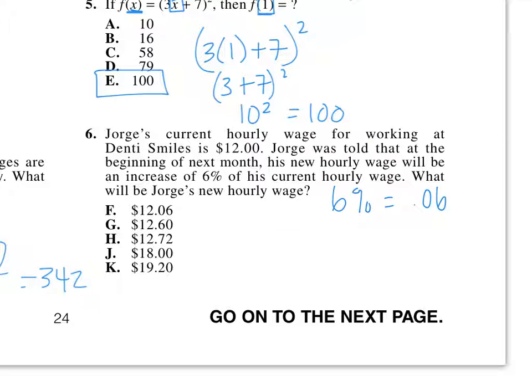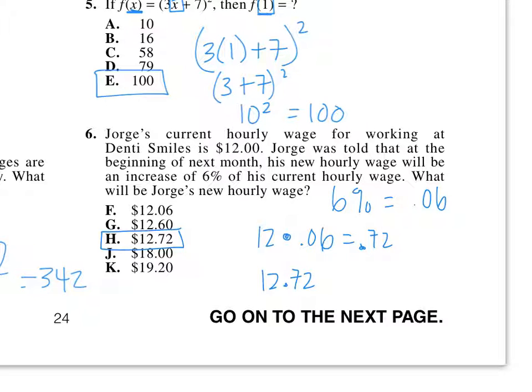That's how much more of his salary he's making. So I'm going to do his current salary times the percent of his raise. So 12 times 0.06 is 0.72. And then add that back on to what he's currently making, and we get $12.72. So not a super great raise, but anything's better than nothing.